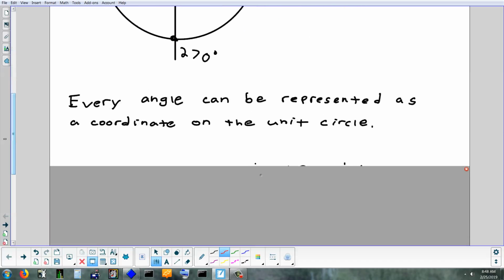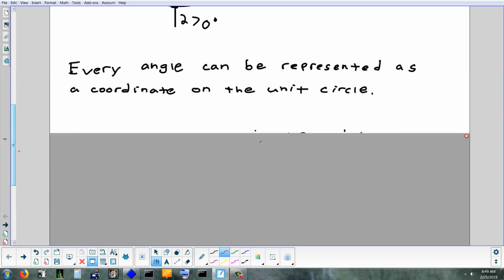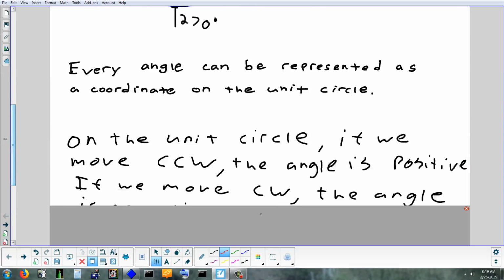Now, there's two directions you can move when you're moving in a circular motion. What are the two different ways you can move when you move on a circle? Right, clockwise and counterclockwise. Depending which way you move is going to dictate whether or not you're dealing with a positive angle or a negative angle.